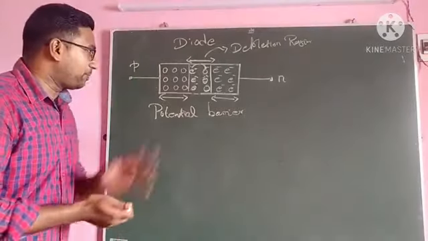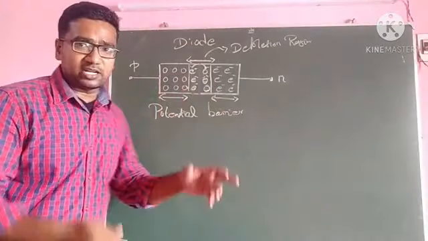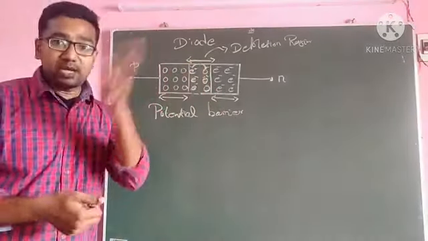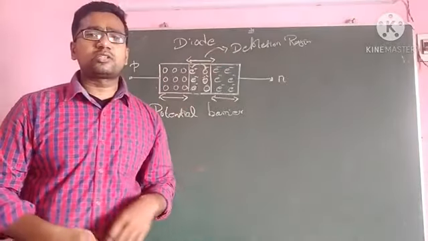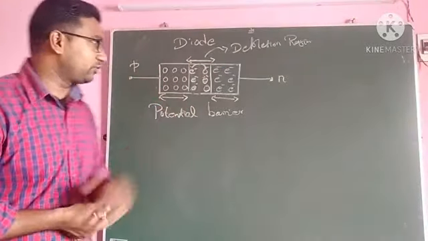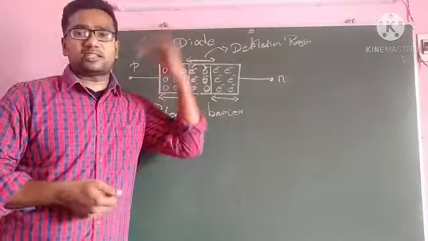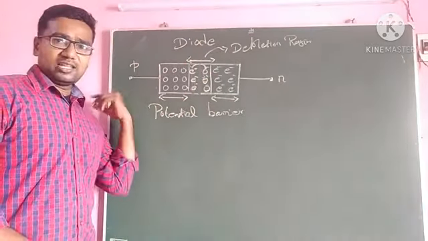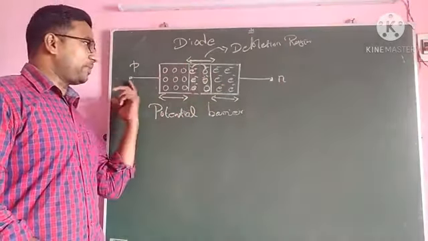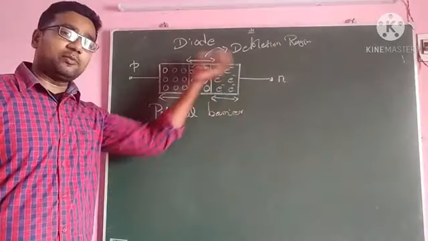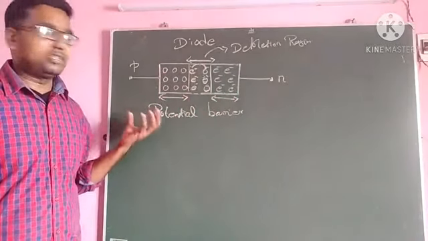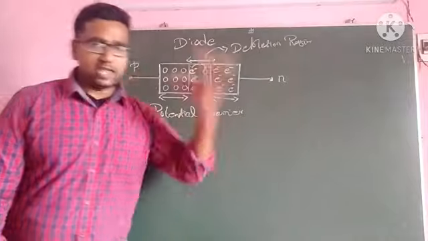So when the p-type and n-type semiconductors are combined, the electrons and holes immediately undergo a diffusion process. Only then does the depletion region form. Afterwards, at the ends, the p-type and n-type sides having a large number of electrons and holes, that area is called the potential barrier.